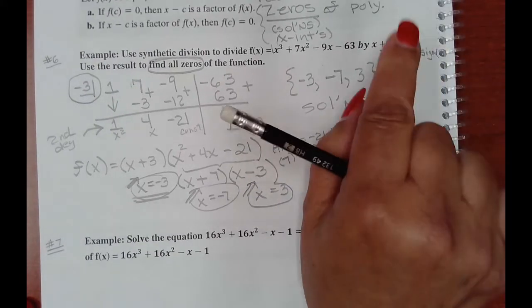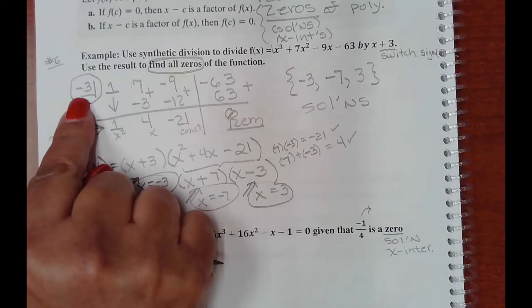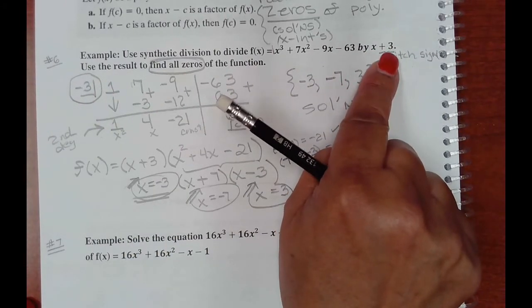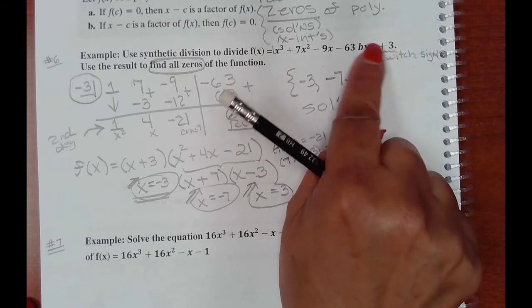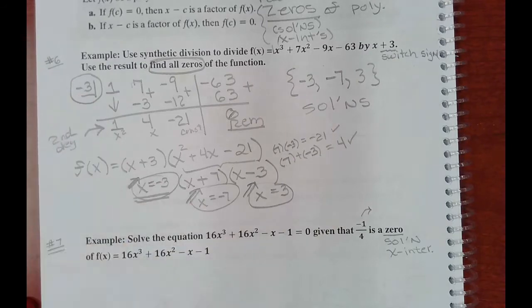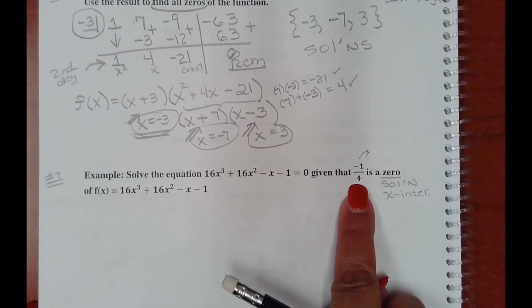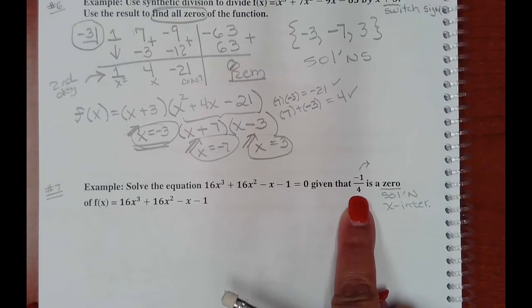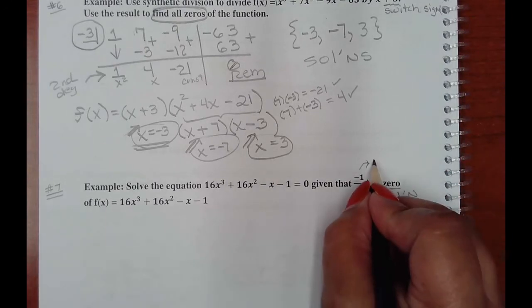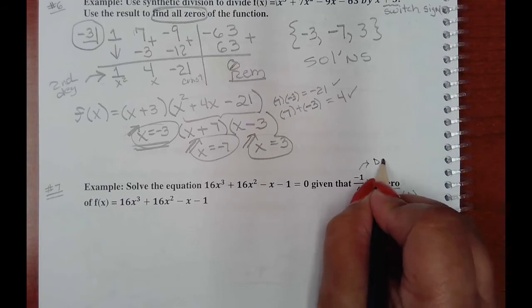So once again, when the number that you're going to put in this synthetic division box is part of an expression containing x, as you break these two apart and break their bond, you will switch the sign of the number. When the number is given without being part of an expression containing x, then you will not switch the sign.